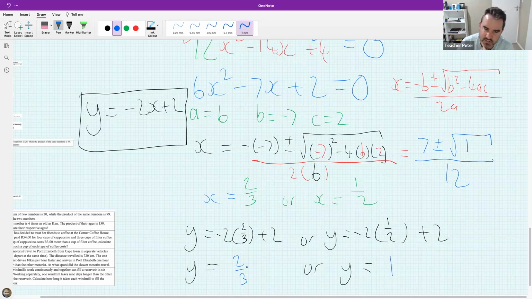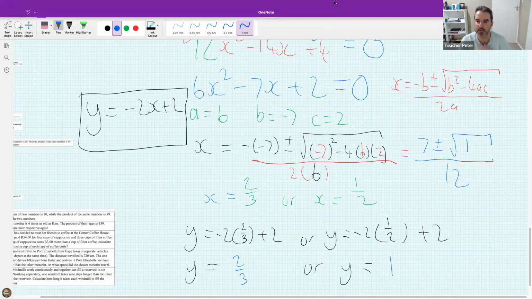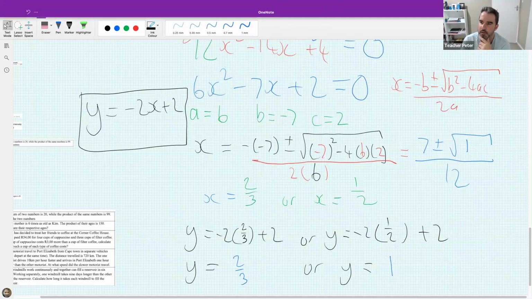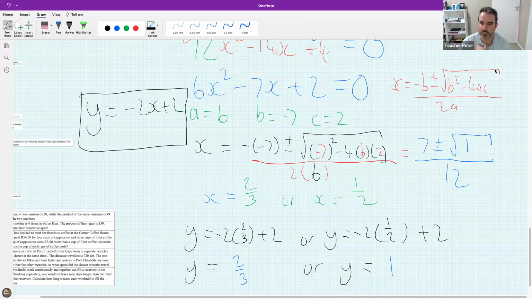Did you get 2/3 and 1 for y once you've made that correction? Take a moment, check me on the calculator, then give me a thumbs up if you followed that. The main thing that I missed there was this should have been 2 times 6, which is 12, not times 24, which was the problem.